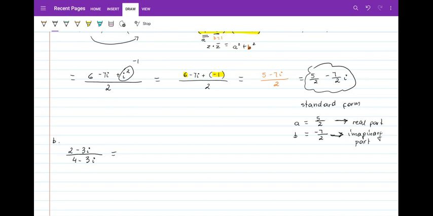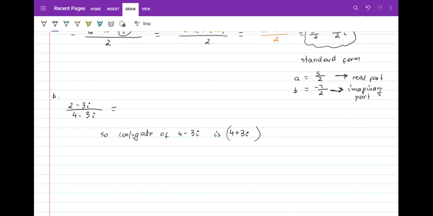So what we need to do, we need to multiply top and bottom by the conjugate of the denominator. So the conjugate of 4 minus 3i is 4 plus 3i.